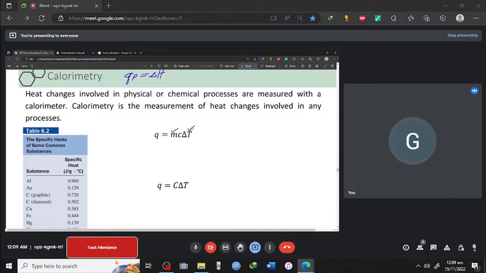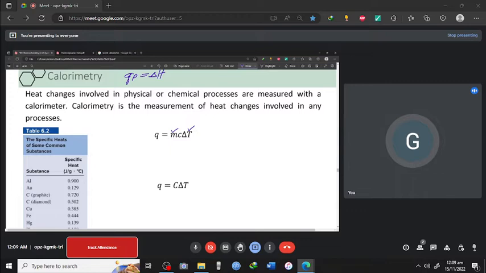Pag mataas yung temperature natin, of course, ibig sabihin nun, mas marami siyang heat na kayang i-release, or ibigay. And then, for mass naman, nakadepende naman yung mass natin doon sa heat. Kasi pag mas mataas yung mass ng matter natin, hindi atom, matter natin, mas marami yung energy na kailangan para initin yung mass na yon or yung matter na yon.